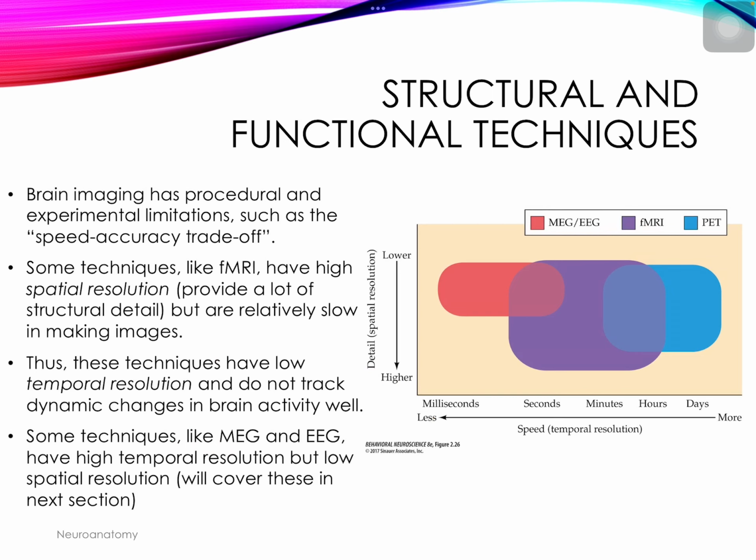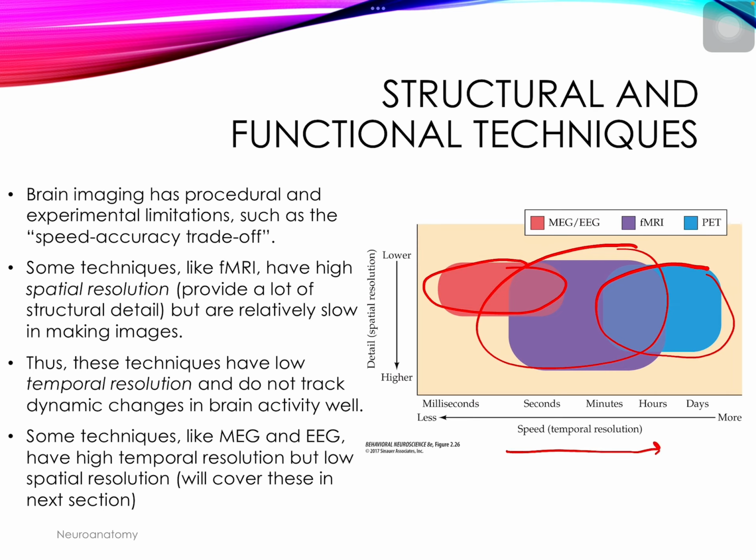And so here you can see how things overlap, so this is MEG, EEG, this is PET, and then here we have fMRI, and you can kind of see temporally which one can really capture the activation and the activity. Here, EEG is just really fantastic when it comes to temporal resolution, but it doesn't do well with spatial resolution.